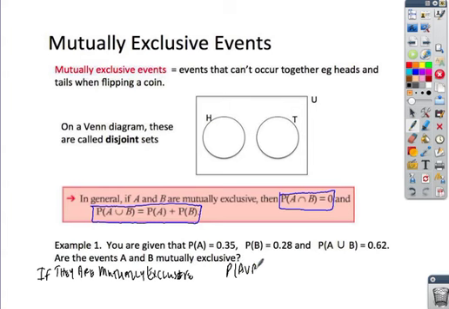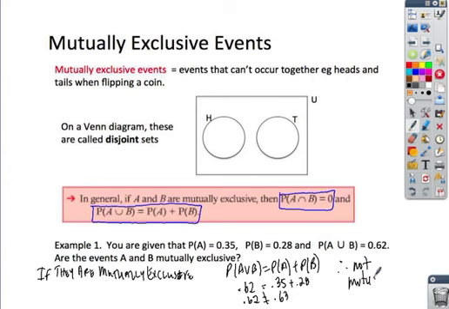P(A union B) must equal P(A) plus P(B) if they are mutually exclusive. We'll test it. 0.62 then should equal 0.35 plus 0.28, and we can see that 0.62 then obviously does not equal 0.63. So we would conclude then that they are not mutually exclusive.